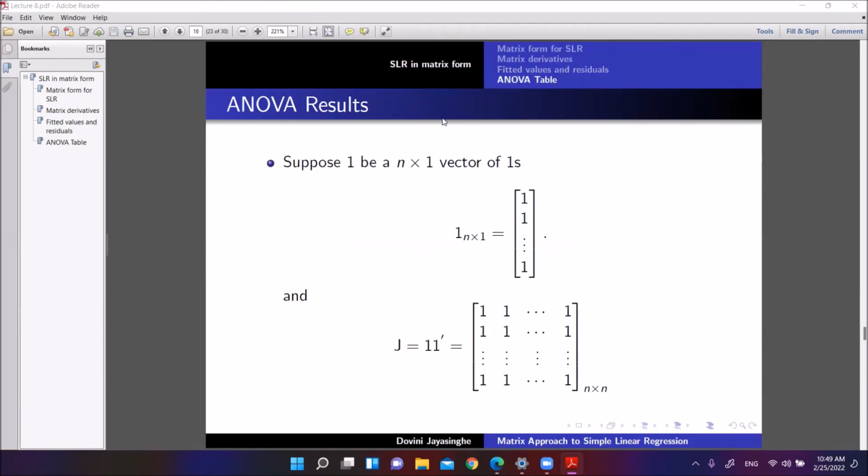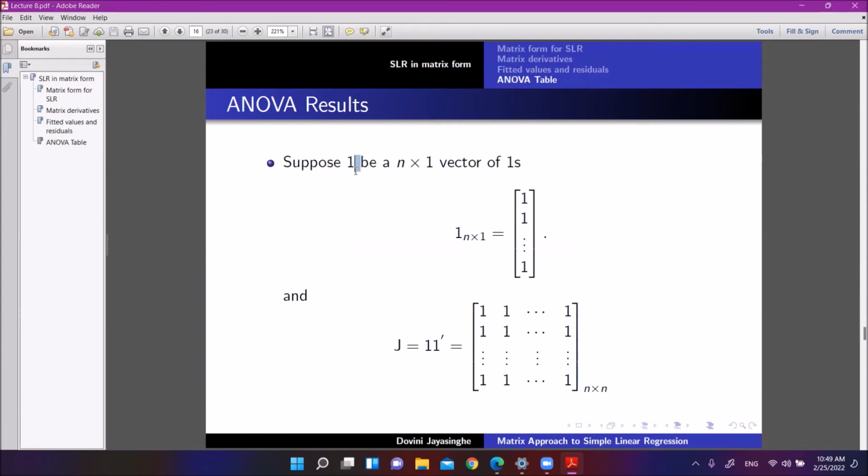ANOVA results. Once we got the model parameters, we have to anyway run the ANOVA table and check for model significance or maybe model adequacy, something like that. So suppose 1, this is the notation actually. It's a name of a matrix. Let 1 be an n by 1 vector of 1s. You have rows equal to the sample size and all the elements are 1s.